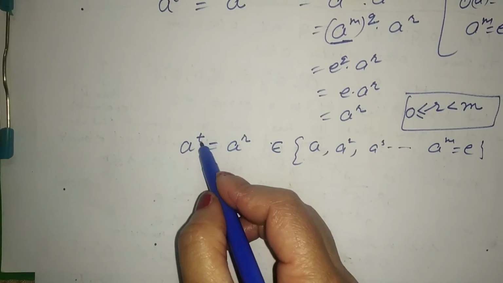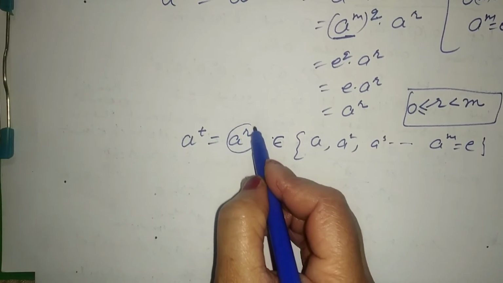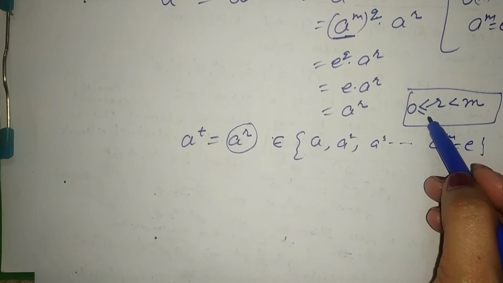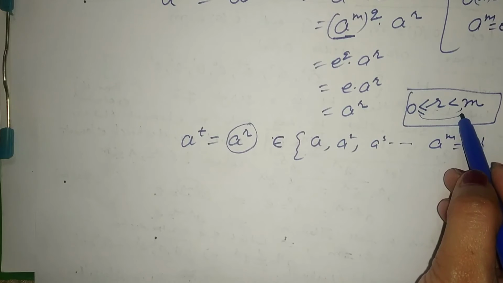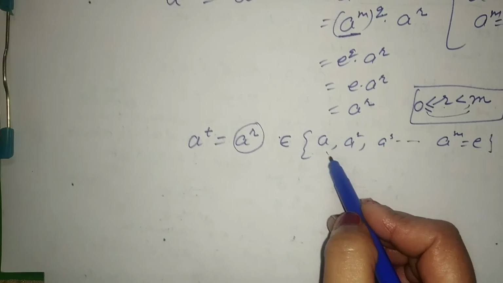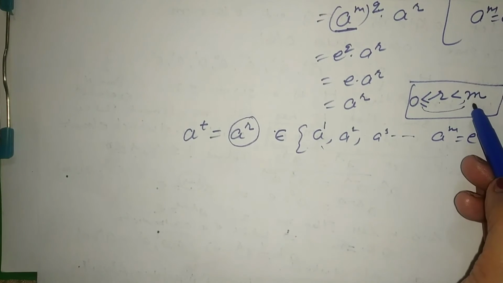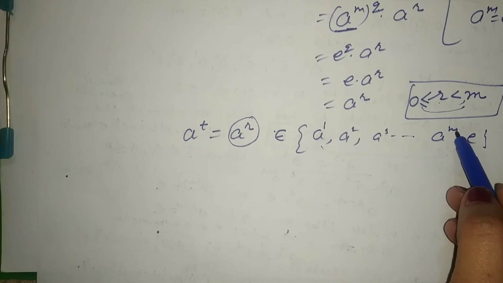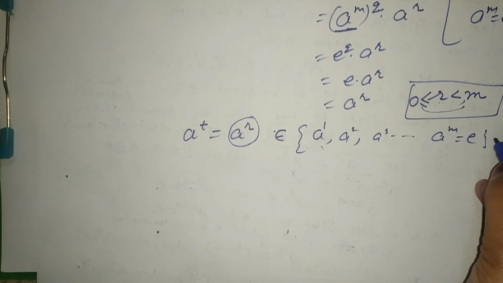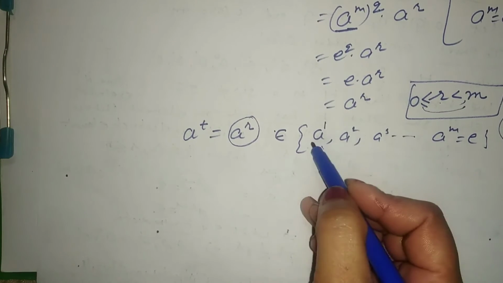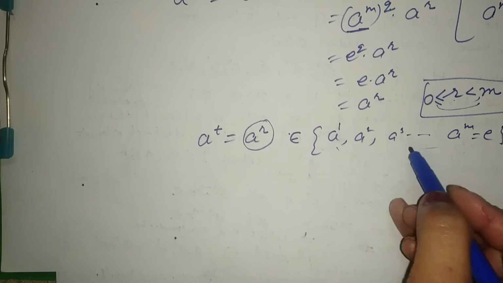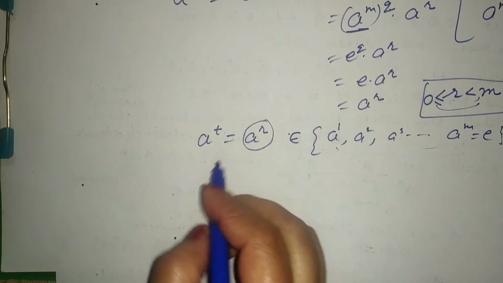Why does this belong to this set? Because a raised to power r is a power of a which is less than m and greater than or equal to 0. So all the powers of a which are less than m, because a raised to power m is identity, it can be written as a raised to power 0. So it is the powers from 0 to m minus 1.